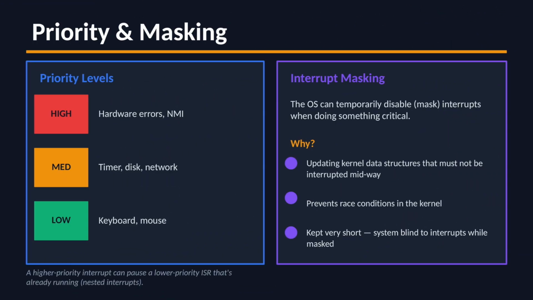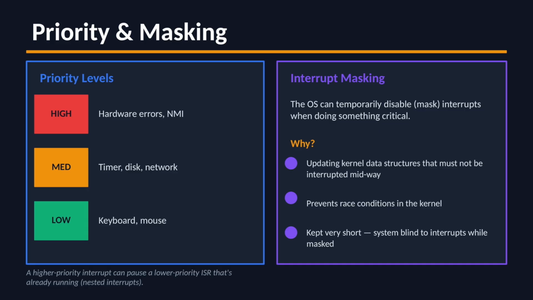Not all interrupts are equal. The system assigns priority levels. A hardware error gets a higher priority than a timer, which gets higher priority than a keyboard press. If a higher priority interrupt fires while a low priority ISR is running, it can interrupt that ISR. This is called nested interrupts, as you are interrupting an interrupt.